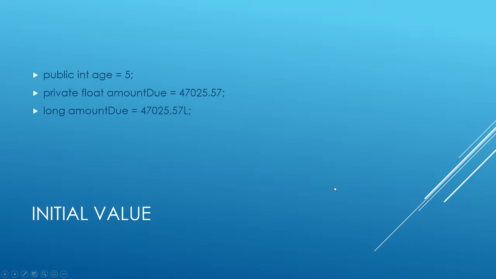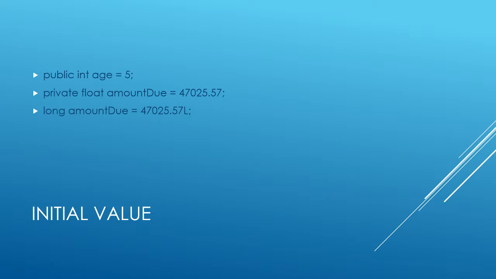Now in these examples, we have variables that we give initial values to when they're declared. So we can also declare a variable like our public integer age and say age is equal to a value of 5. We can have a private float amount due equal to like this beginning number.